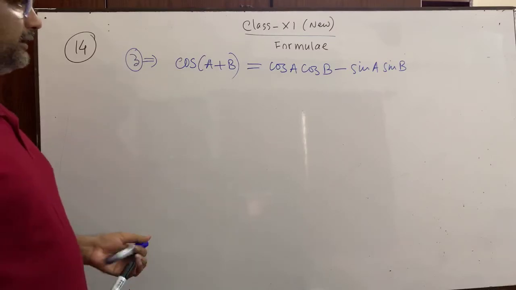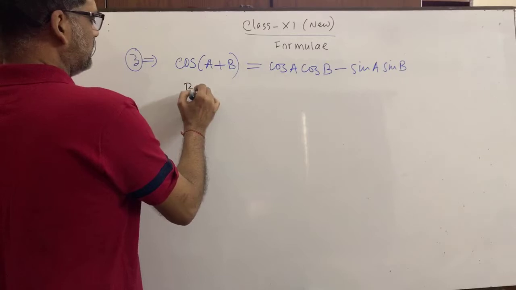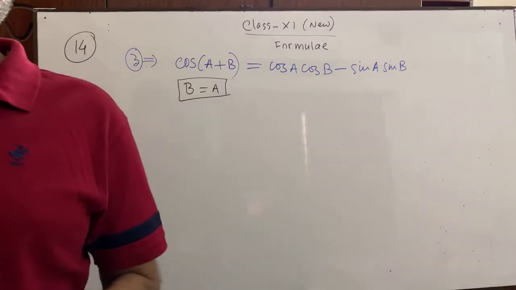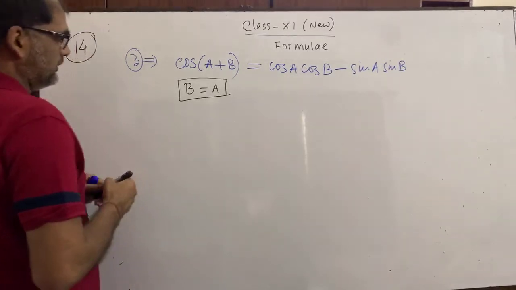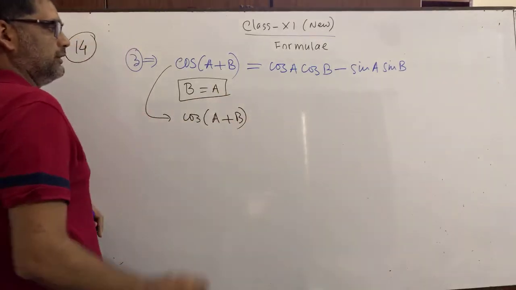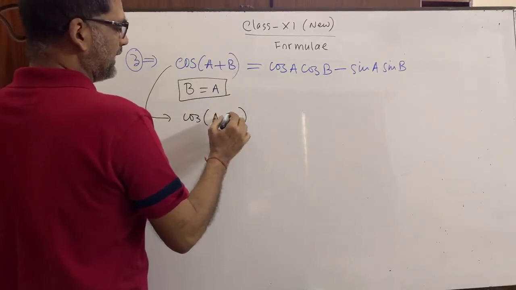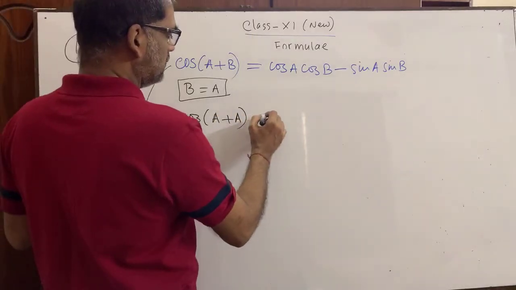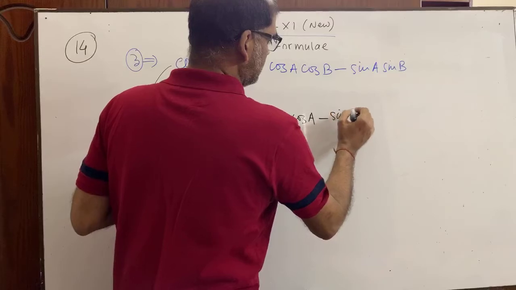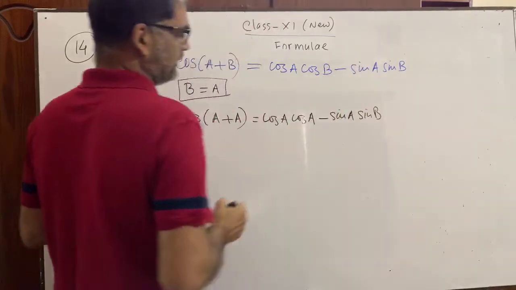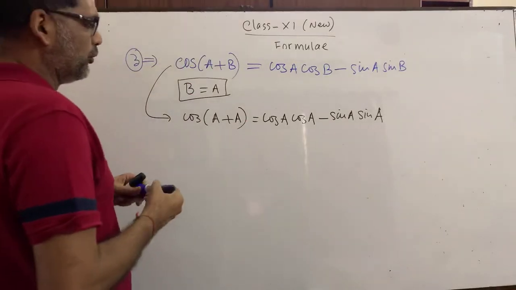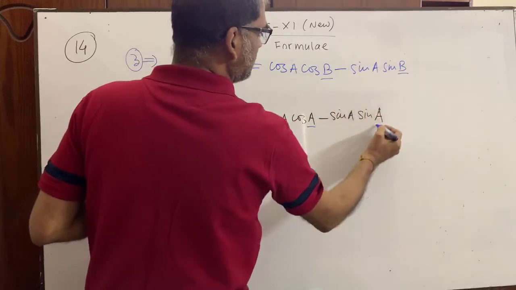In the same way, let's put b equals a. Then what will we get? Cosine of a plus b, like the previous one, so for b I have to write a: cosine a cosine a minus sine a sine a.